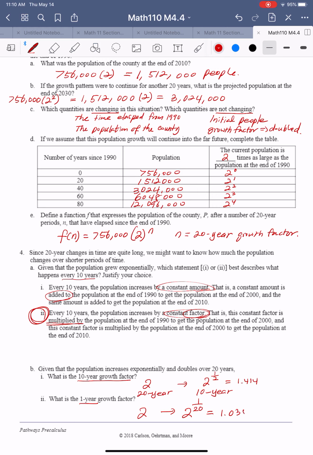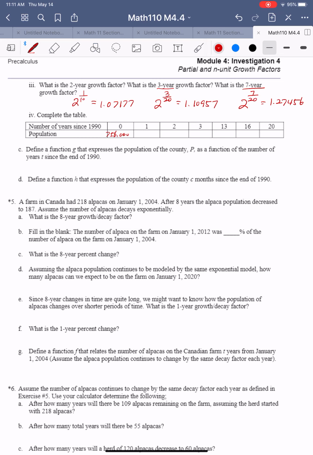So complete the table. So year 0 was 756,000. Now the first year, so what you need to do is, because of 1 year later, right? I want to define the formula to get this out, okay?